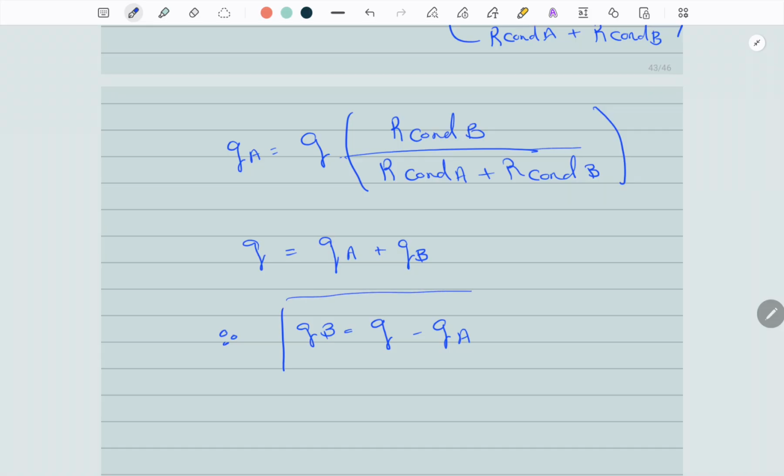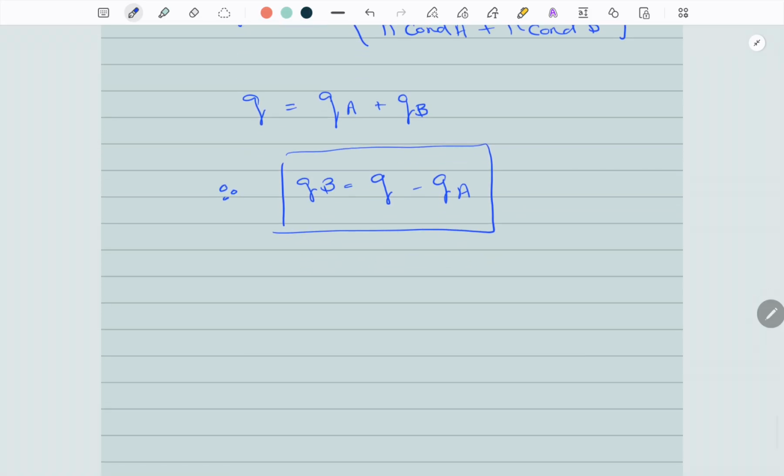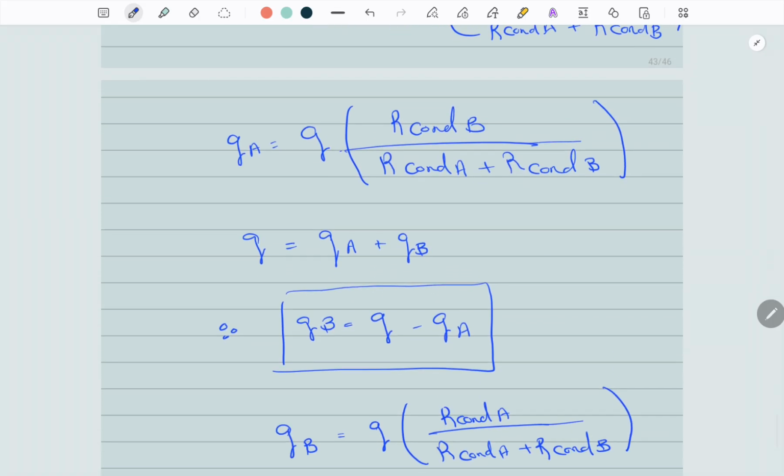You can use this equation, or you can solve for it the longer way, which is QB equals Q times the resistance of material A divided by the sum of the resistances in parallel. Either method is correct.